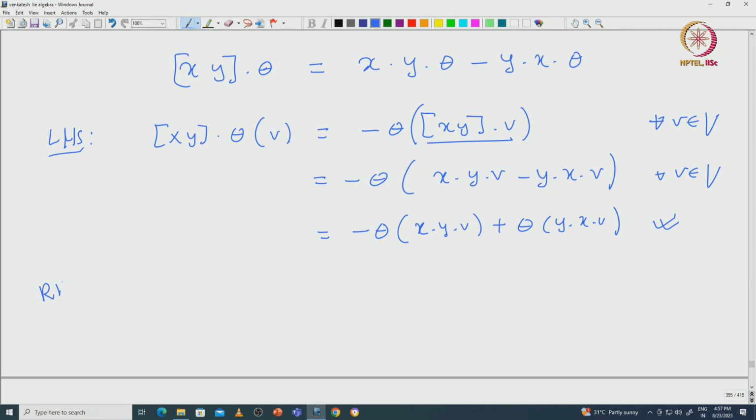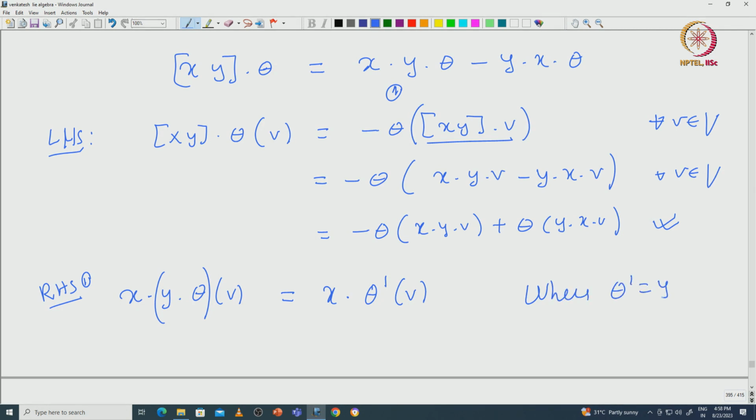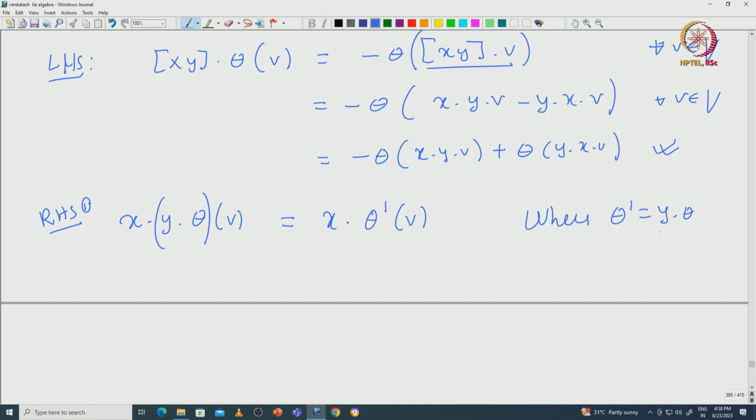So we need to verify this is what you get on the right hand side. Let us look at the right hand side. You take x dot y dot theta. Just take the first term, apply it on v and see what happens. X dot y dot theta applied on v: first think of this as some theta dash, so you think x dot theta dash on v, where theta dash is y dot theta. Because this is again a functional, by definition this is minus theta dash of x dot v.